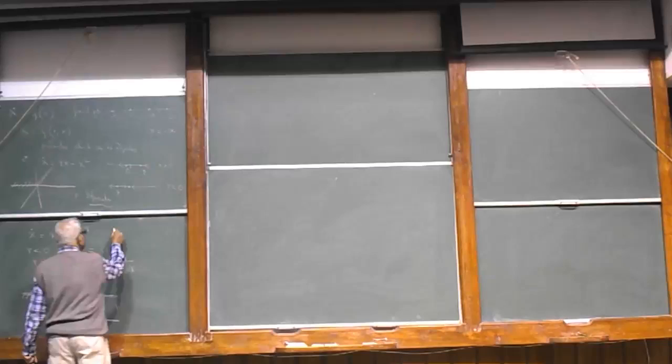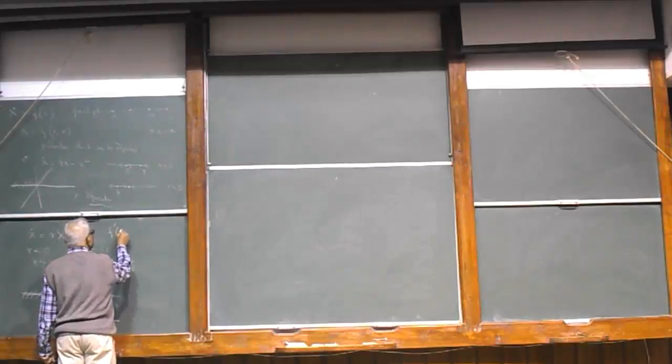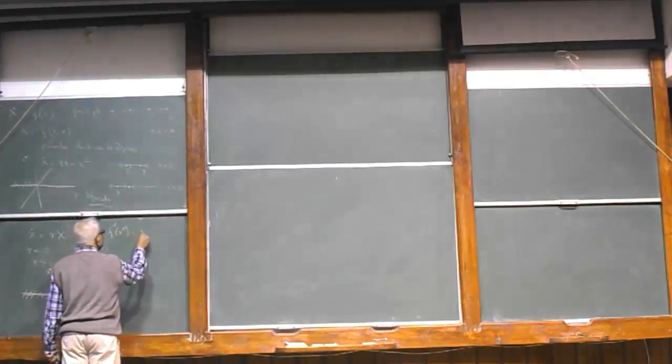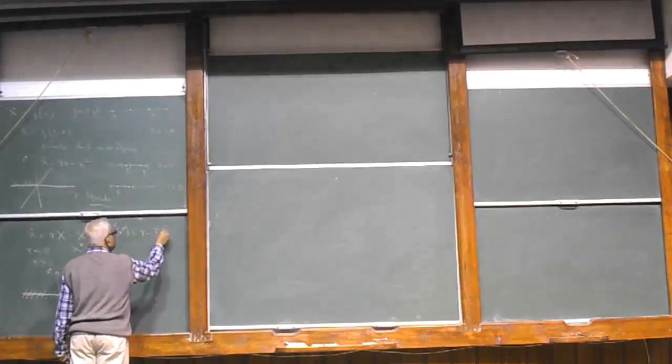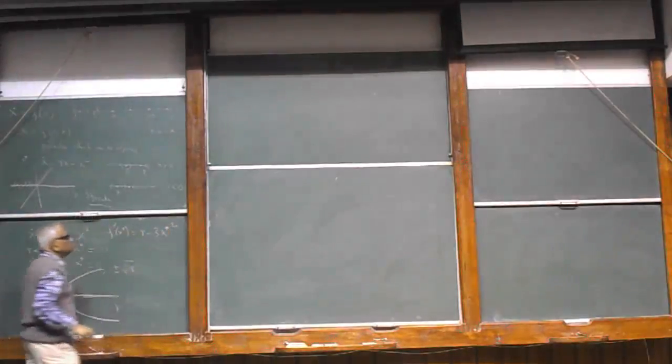Stability: r less than 0, obviously this is stable. The f prime of x star is equal to r minus 3x star squared. So if x star is equal to 0, f prime is r.